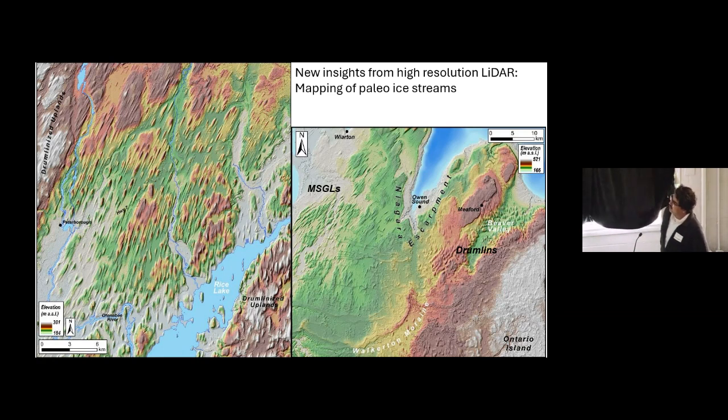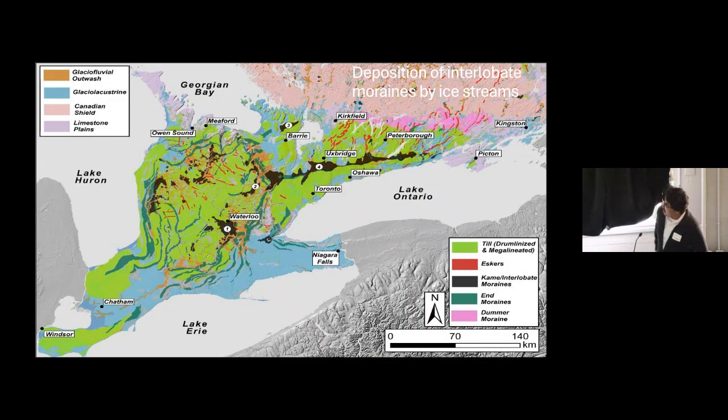On the left is the Peterborough area, Highway 7 and Rice Lake, for those who are familiar. On the right-hand side is the escarpment, just south of Owen Sound. We have the big Walkerton moraine and obviously another ice stream bed. All of that is just to say that these large interlobate moraine complexes are deposited by converging ice.